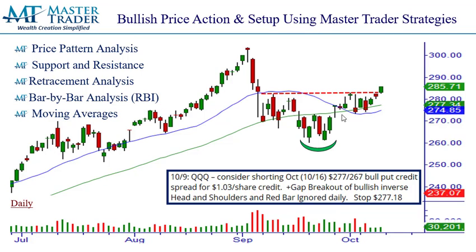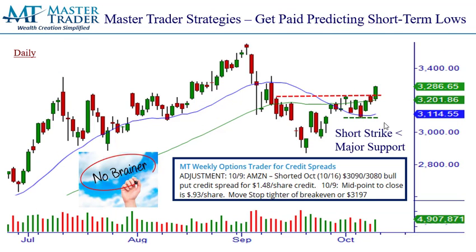Moving average analysis: supported here at the 50-day moving average. You can see the 20 flattening and curling up. That in and of itself is telling me that it was a pullback in a 50-day price action that's in an uptrend and starting to curl up again. So the moving averages support the technicals there also.